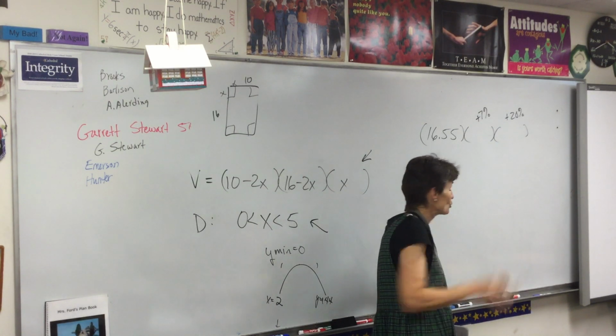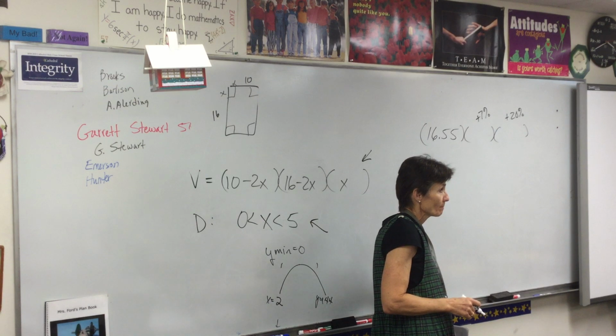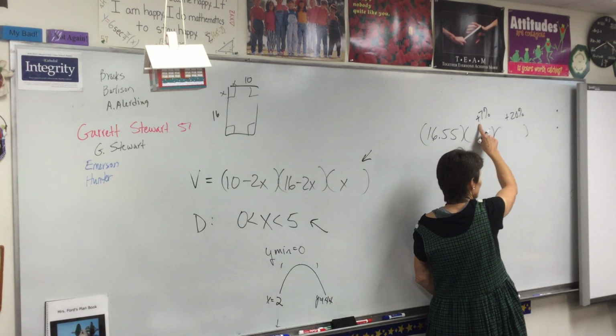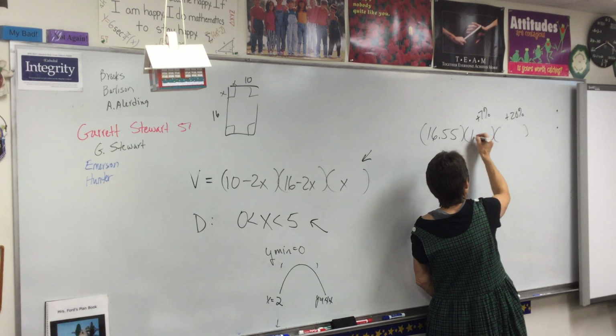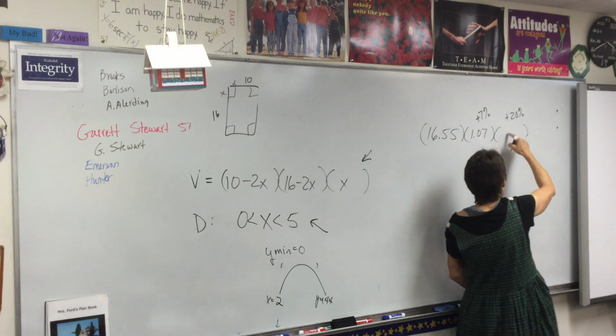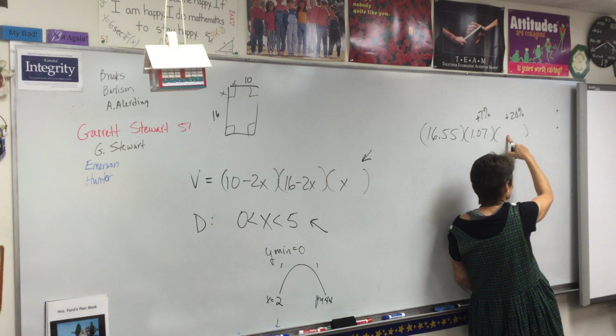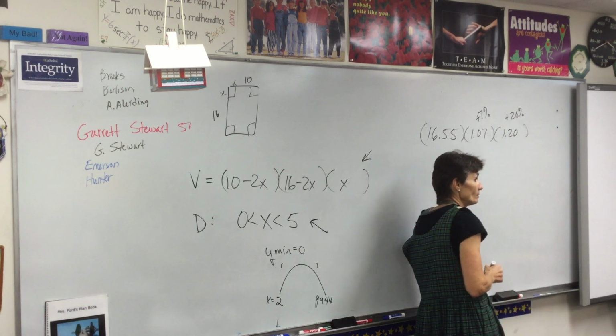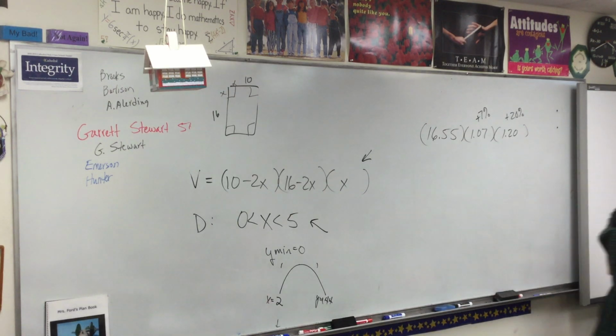So this one has two add-ons. What do I multiply by if I'm adding on 7%? 1.07. What do I multiply by if I'm adding on 20%? 1.20. I just type it in on my calculator, round it off to the nearest cent.